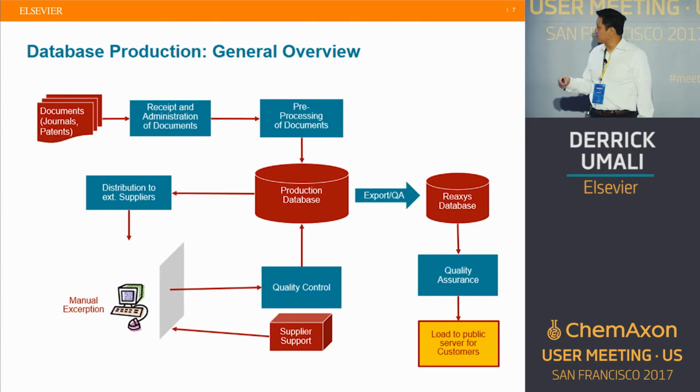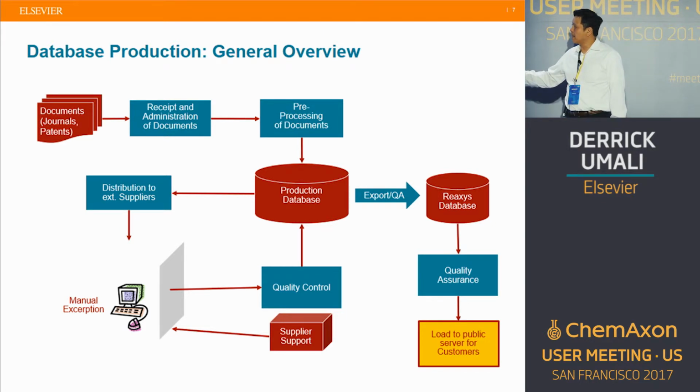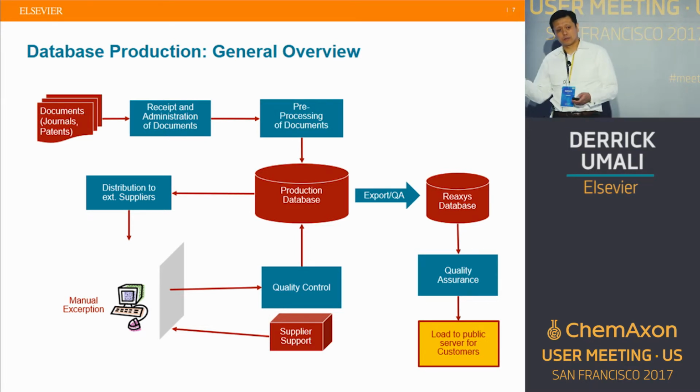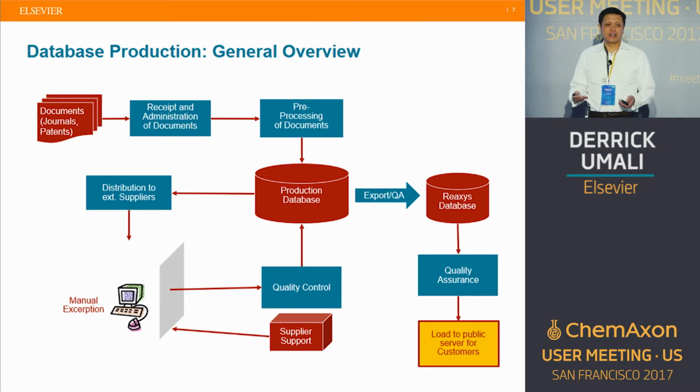Quick database production slide, a workflow here. From when we get a document in hand to when we load it into Reaxys, on average, with all the excerption, which I'm going to go through, takes about 30 days.